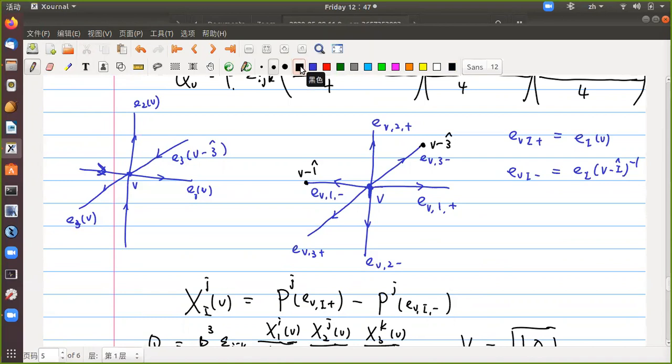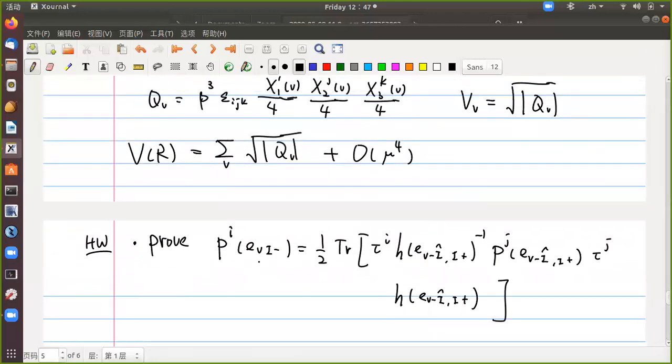Anyway, so this is EVI minus in this notation. However, if you reverse this edge, it will be E V minus I hat I plus, right? So you see that the left hand side is EVI minus, the right hand side is P V minus I hat I plus. So this edge is just the inverse of this edge.